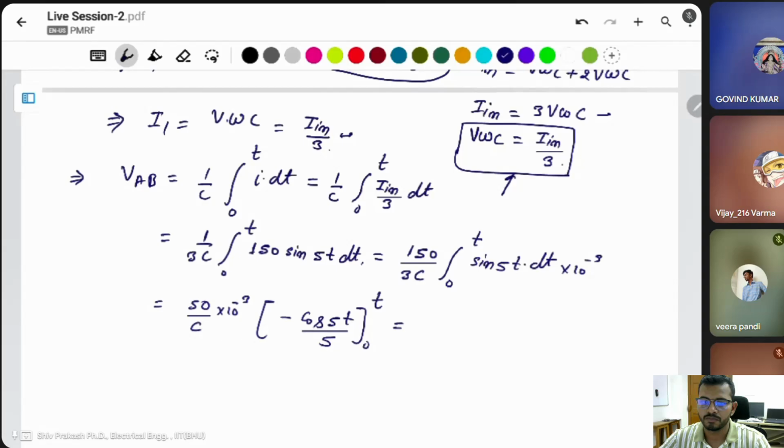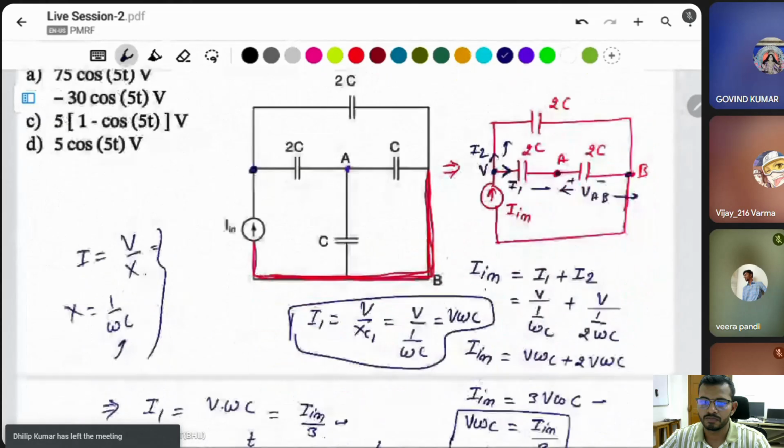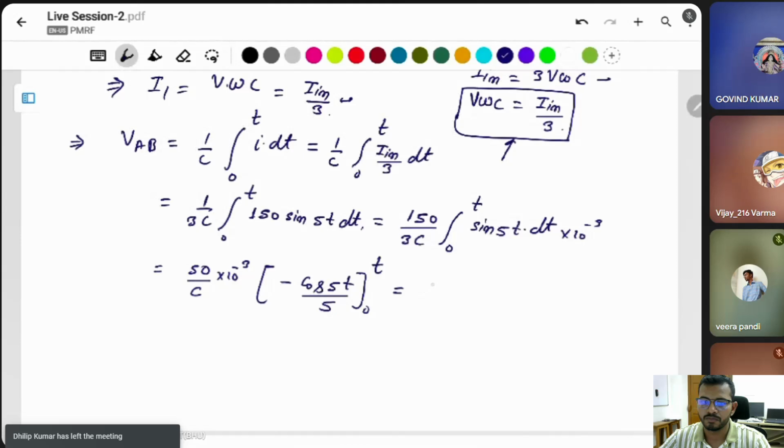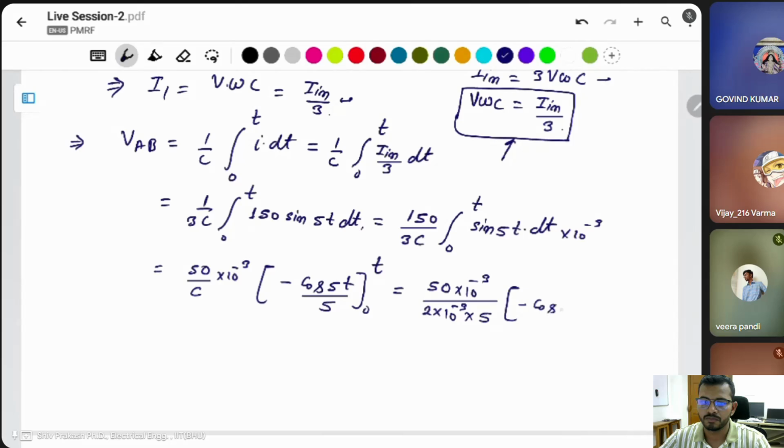Then put the value of C also. C is 2 millifarad, and there is 50 divided by 5, 50 into 10 to the power of minus 3, divided by 2 milli, 10 to the power of minus 3 into 5. Put the higher limit first. This will be cos 5t minus cos 0, minus times minus will be plus cos 0.